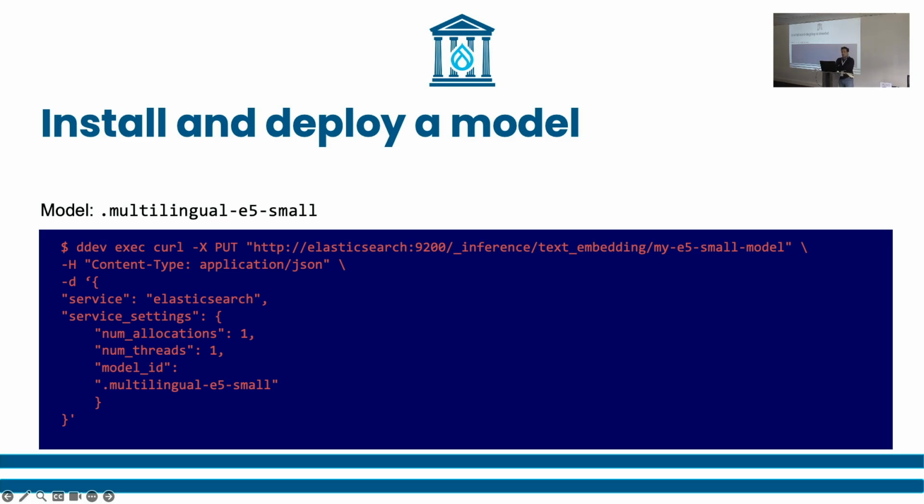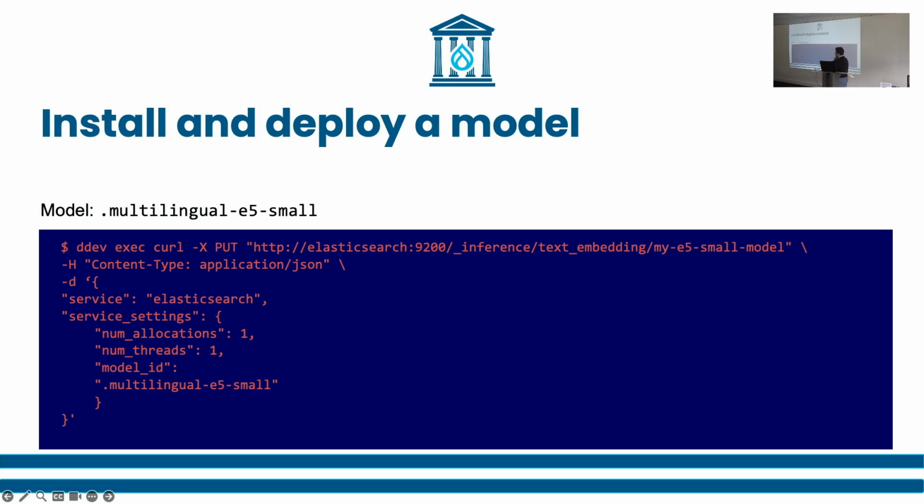Then install and deploy a model. The model that we are going to use is the multilingual E5 small. We can run this curl command to Elasticsearch, and it will take a little bit of time. The multilingual one that we use, the E5 small, my team said from the research that we did that it's quite useful for the Dutch language, but I haven't tried it a lot.